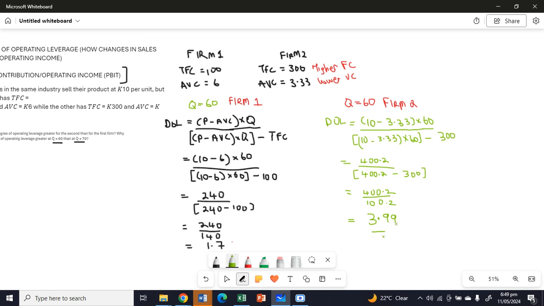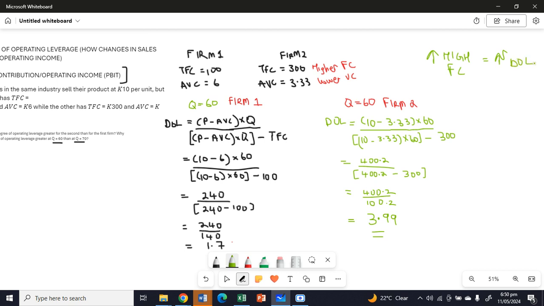So the first thing I need us to realize here is that firm 2 has higher fixed costs than firm 1. So if you have high fixed costs, you have a high degree of operating leverage.